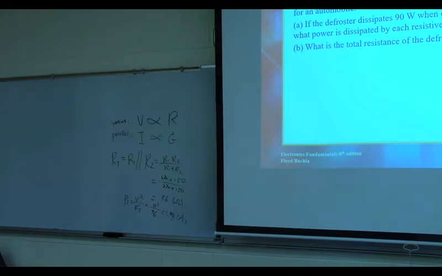So R total will equal V squared over P. That will be equal to 12.6 squared divided by 90. We are talking about the total resistance, the total power, everything. What is your result? 1.76. Okay, so 1.8, assume, right? That's it for this one.